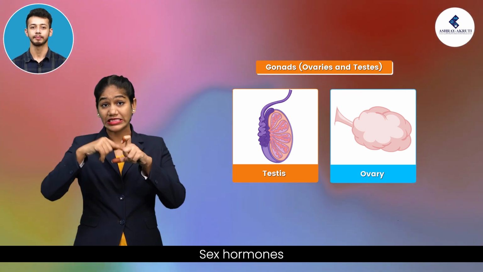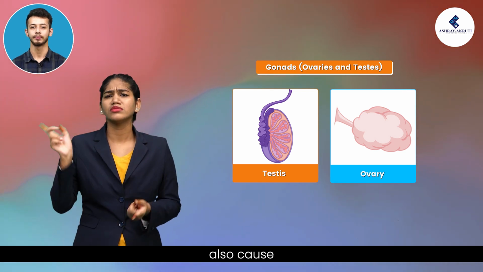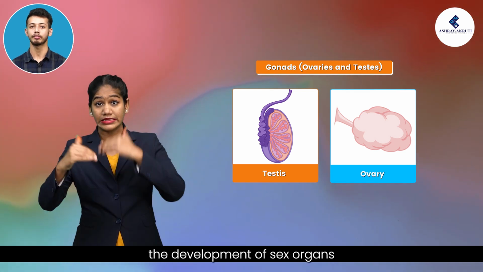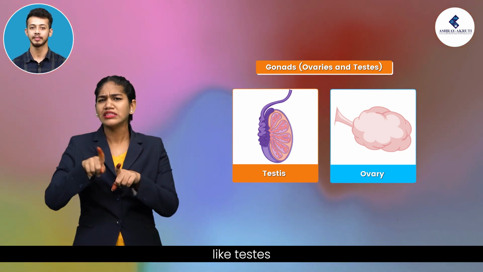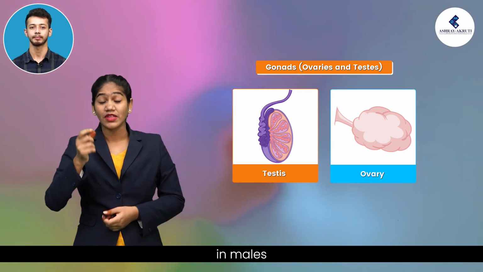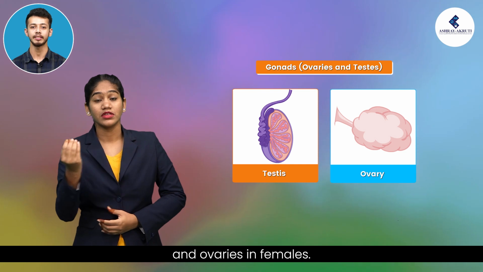Sex hormones also cause the development of sex organs like testes in males and ovaries in females.